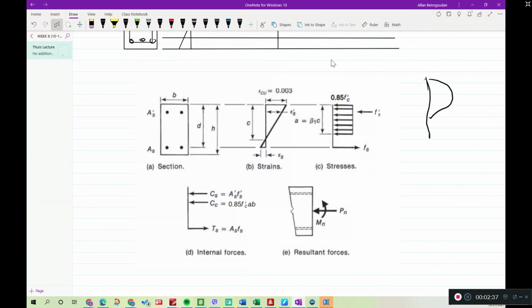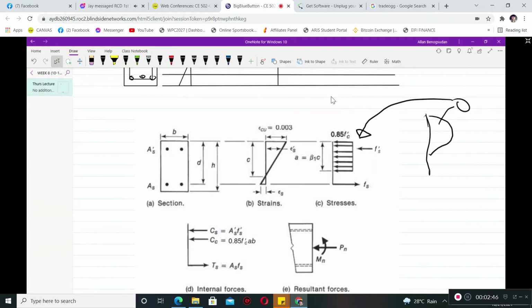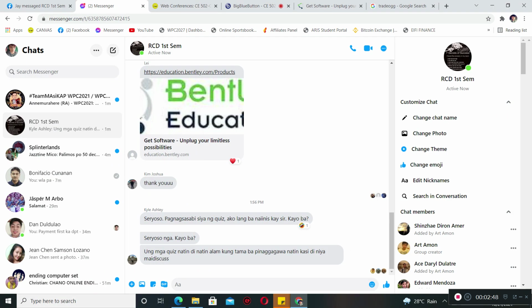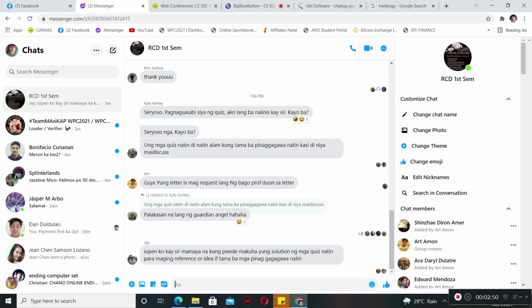So instead of doing this kind of parabolic thing, we resolve that this one can be taken as 0.85. So it's not yet part of the reduction factor that we usually do for 0.90 whatever. So 0.65 for tied columns and 0.75 for spiral. The difference of 0.10 between the two values shows the additional ductility of the spirally reinforced concrete.